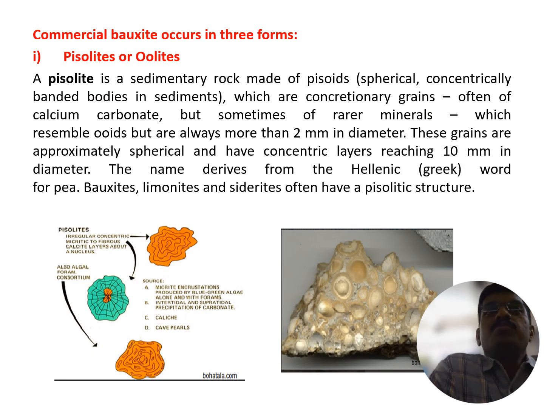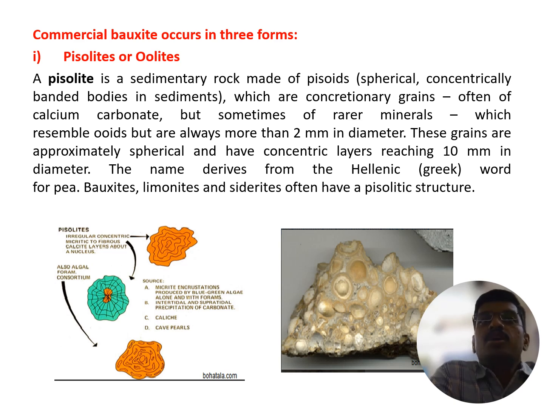Next, commercial bauxite occurs in three forms. First, we are going to discuss the pisolites. The pisolite is a sedimentary rock made of pisoids, which look spherical or concentrically banded bodies in the sediments. These are concretionary grains, often mostly calcium carbonate but sometimes of rarer minerals, which resemble ooids but are always more than 2 mm in diameter.